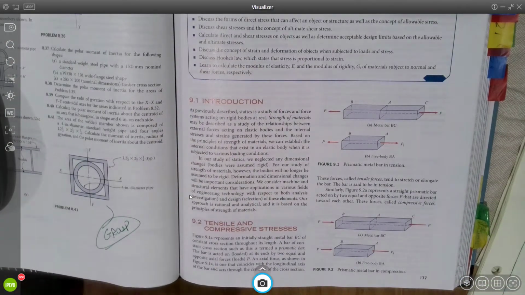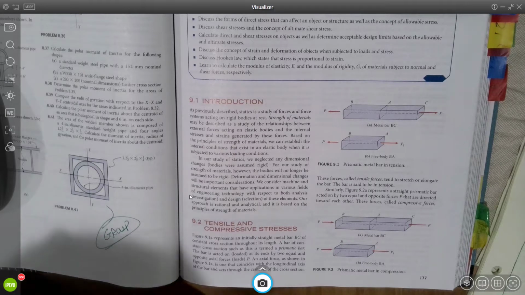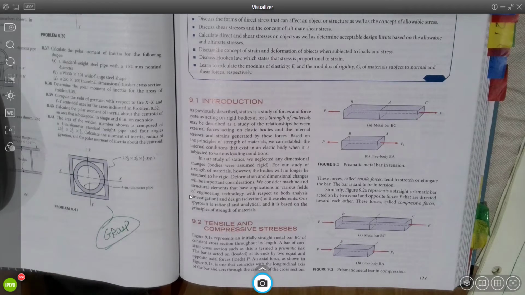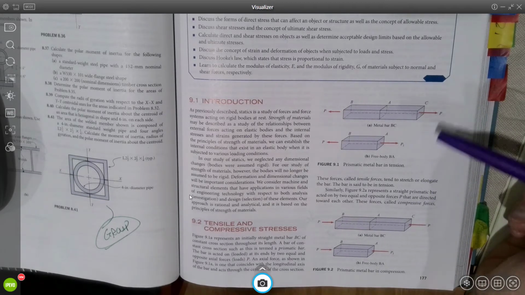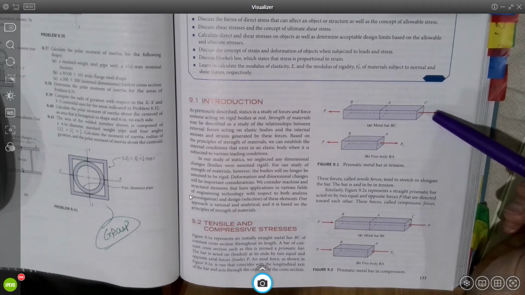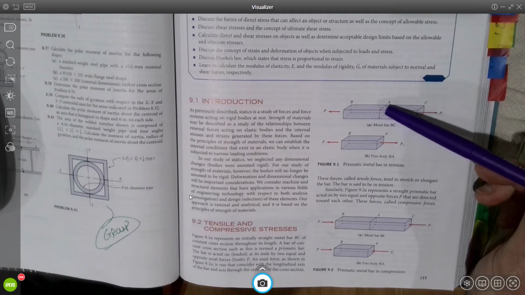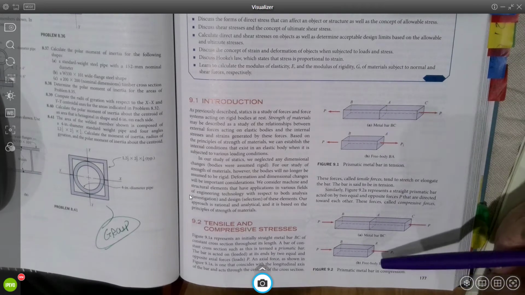Stress is the material's ability to resist force. So we have to start with the concept of tensile and compressive stress. When a system gets loaded, any kind of system, it's either going to produce a tensile force pulling away on an object, trying to pull it apart, or a compressive stress.